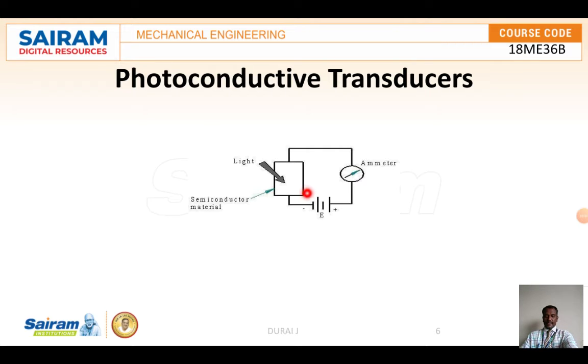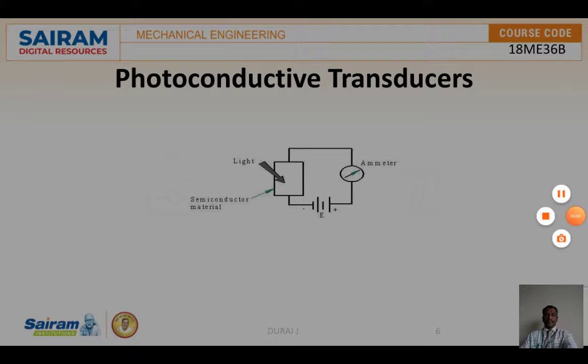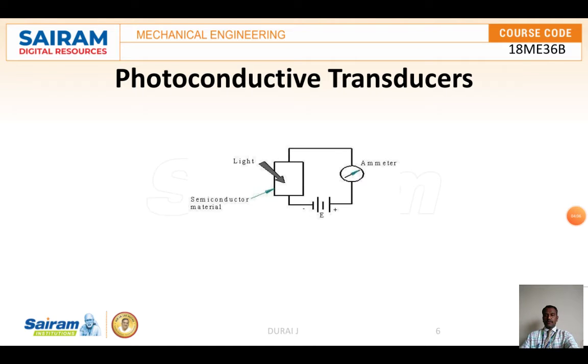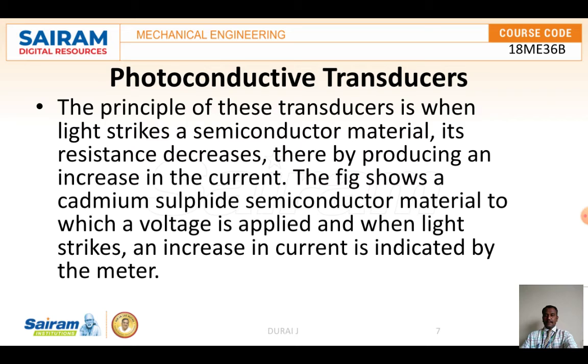Photoconductive transducers are used to measure radiation of different wavelengths, and experimental difficulties are encountered when operating at certain wavelengths. So this is the photoconductive transducer.